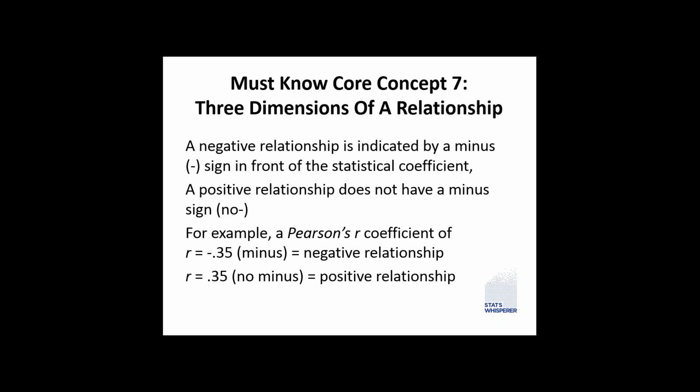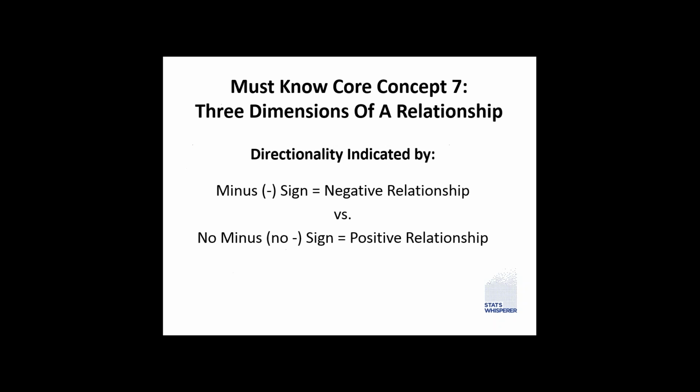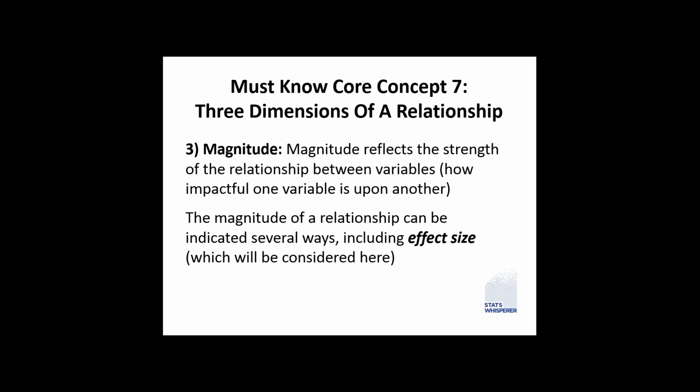As the one goes up, the other goes down. If there's 0.35 and there's no minus, it's positive, meaning as one score goes up, the other score goes up. So here you have it encapsulated. Minus sign is negative, no minus sign, usually positive. Now magnitude.